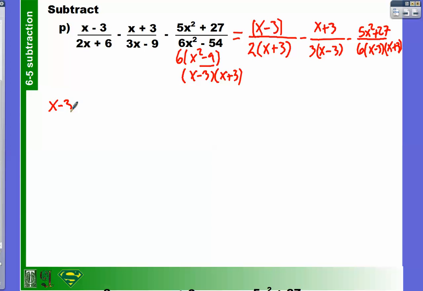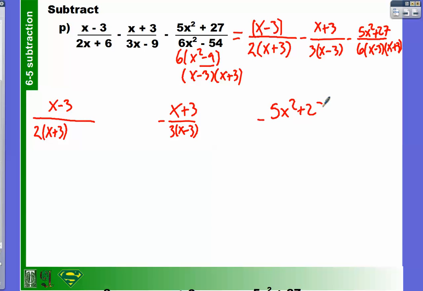So we have x minus 3 over 2 times x plus 3, and then I'm going to leave a space, minus x plus 3 over 3 times x minus 3, leave a space, minus 5x squared plus 27 all over 6 times x plus 3 times x minus 3.